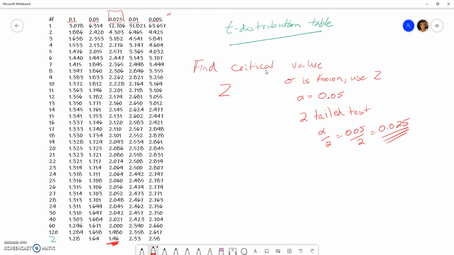Our Z value, which is always abbreviated Z alpha, is plus or minus 1.96. Alpha is 5%, and we divided it by 2 to find the correct Z value. So this is that critical value.